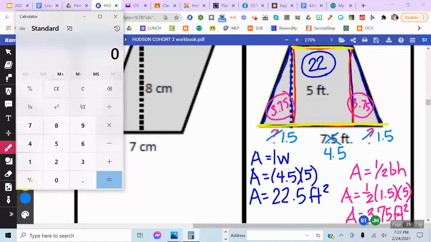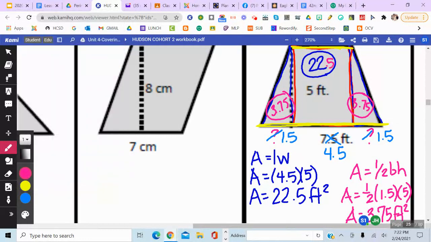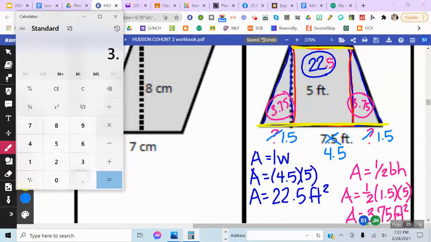Sorry, this is 22 5/10. And I did not write that inside of my rectangle. So I'm glad that I recognized that something was not right. Okay, sorry about that. So we're going to try again. 3 75/100 plus 3 75/100 plus 22 5/10, and I get an answer of 30.